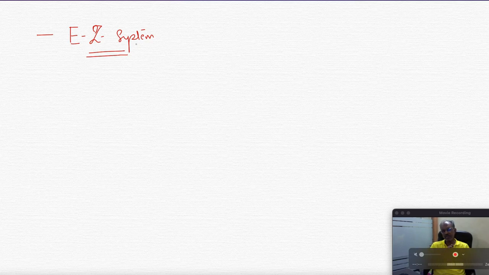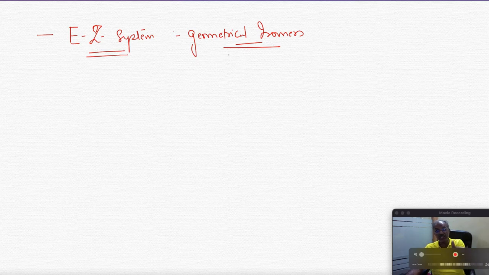Now the E and Z system of nomenclature is meant for geometrical isomers, that means the isomers which are formed due to the restricted rotation along the C double bond C. In the previous lecture I have told you what you mean by geometrical isomerism: the isomers formed due to the restricted rotation along the C double bond C.